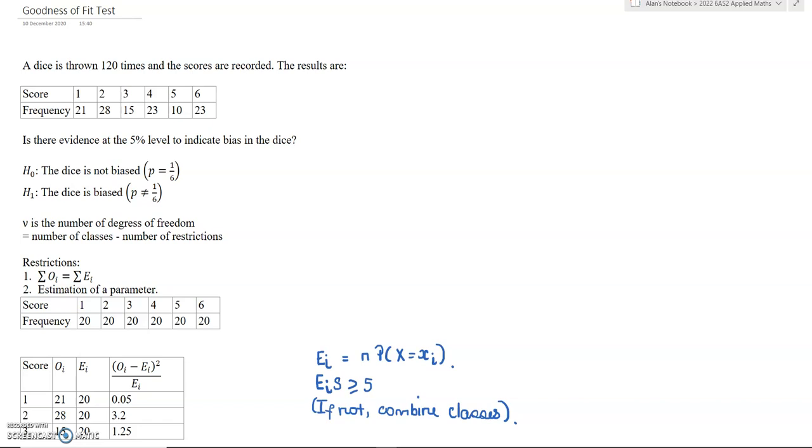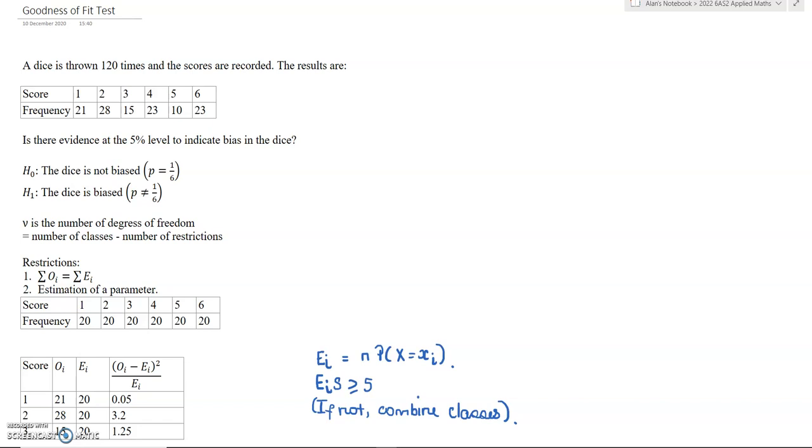Now if the dice is not biased, and the probability is 1/6, and if we toss a dice 120 times, it's expected that to get any of the scores, the frequencies will be the same.